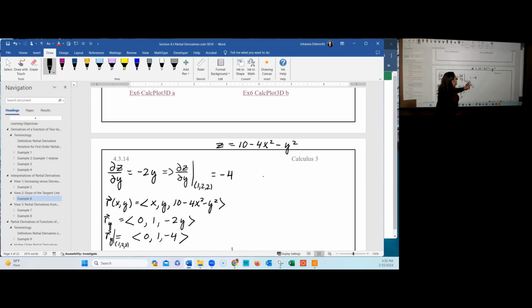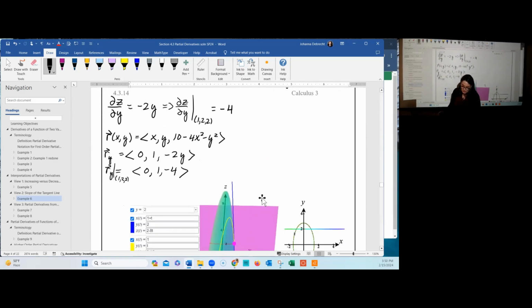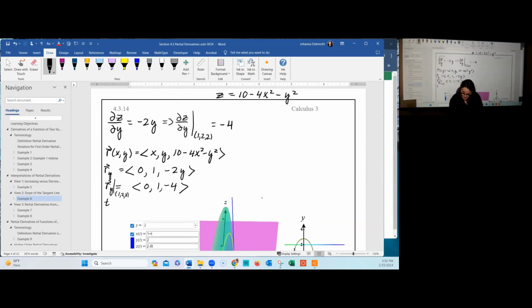Notice the negative 4 matches what we got for the partial derivative of z with respect to y. When we look at it this way, this gives us a direction for the tangent line, and we have a point 1, 2, 2. So now we represent the tangent line as a space curve. The tangent line is going to be written by r of t equal to the position vector of the point 1, 2, 2 plus t times 0, 1, negative 4.